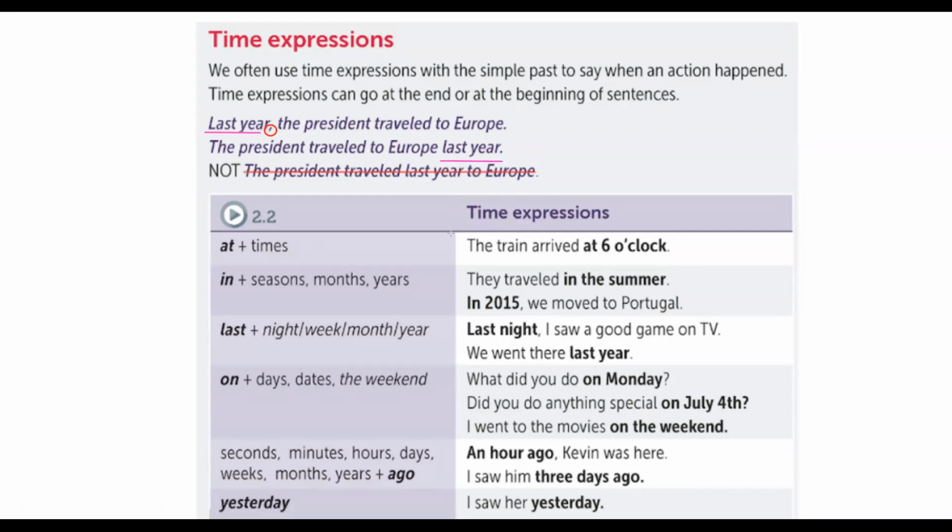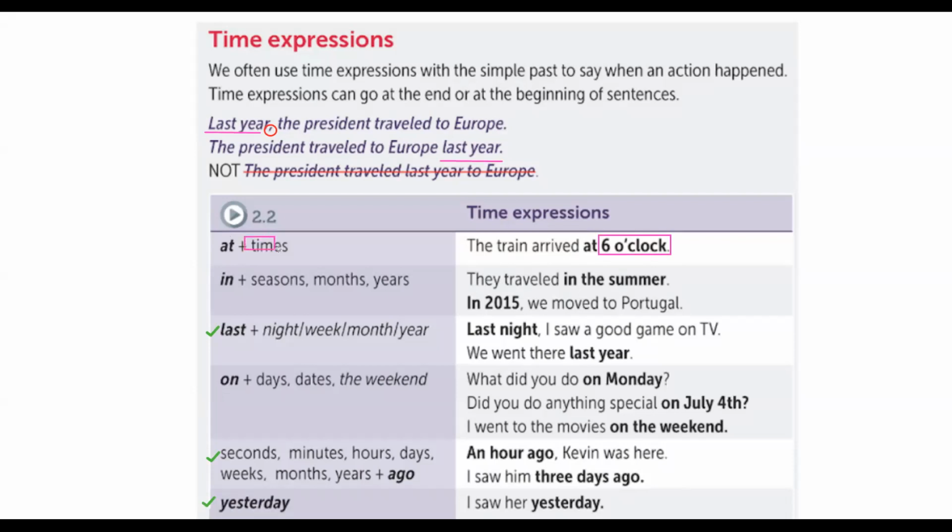Okay? Then we have some other time expressions. We checked some of the ones that we have with last, with yesterday, with ago, but we have some others with at. Remember when we use at, we normally say the time. Okay, for example, at 6 o'clock. The train arrived at 6 o'clock, at 9 o'clock, at 9:30, 8:45, whatever, okay?